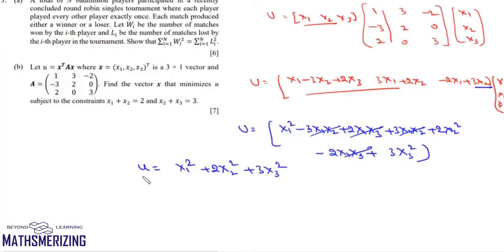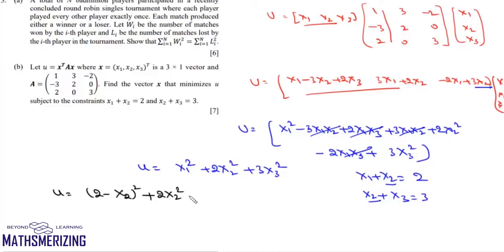Now we need to minimize U using the constraints, which are x1 plus x2 is equal to 2 and x2 plus x3 is equal to 3. So we'll change the entire equation in one variable, and that is x2. So we can write this U as, now what is x1? x1 is 2 minus x2, squared.